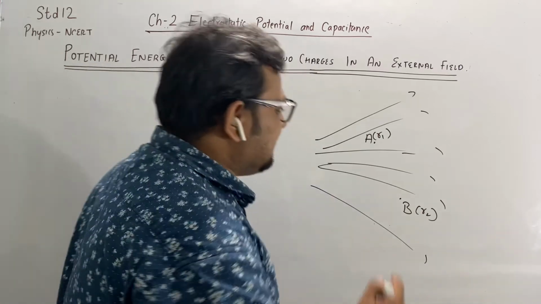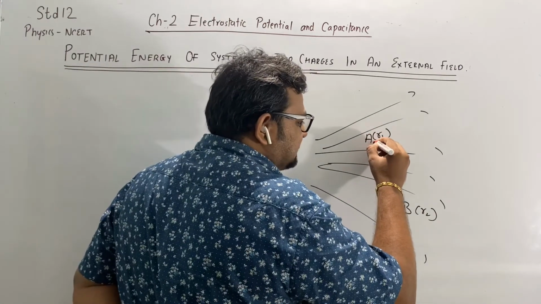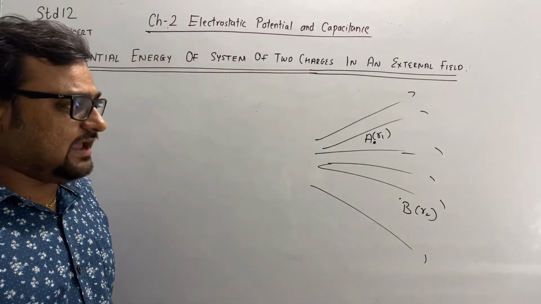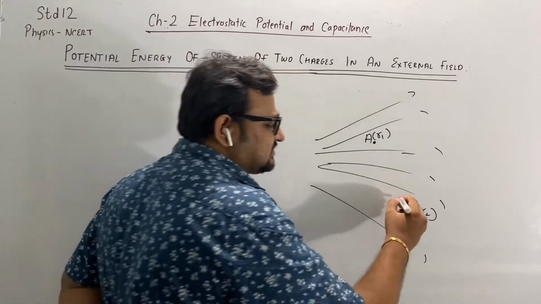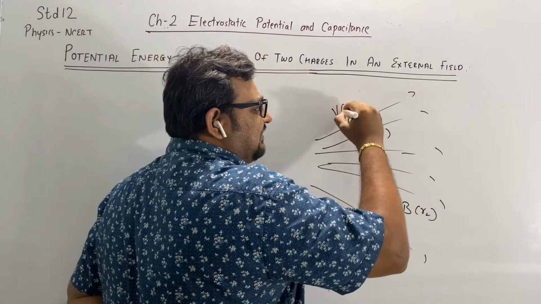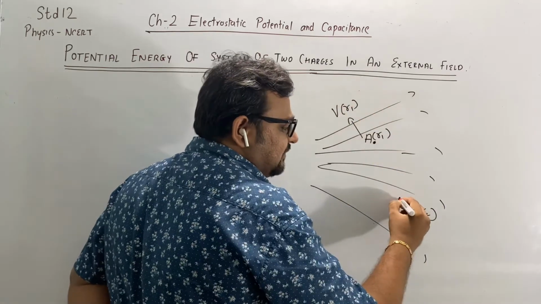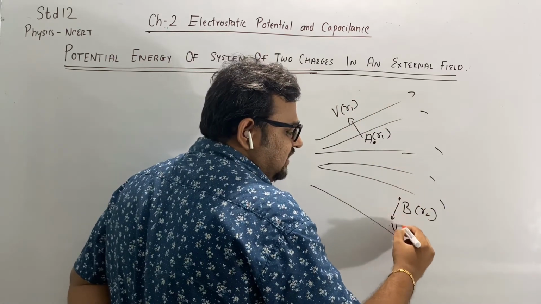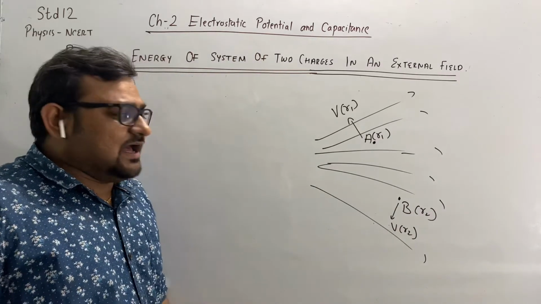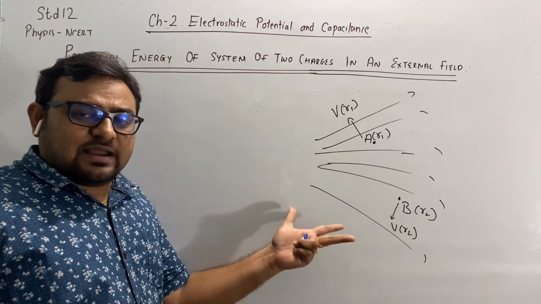That means there is some external potential at A, and also external potential at B. The potential at A, let's take it as V of R1, and the potential at B, V of R2. Initially, when there is no charge, as there is an external field, there might be some potential.